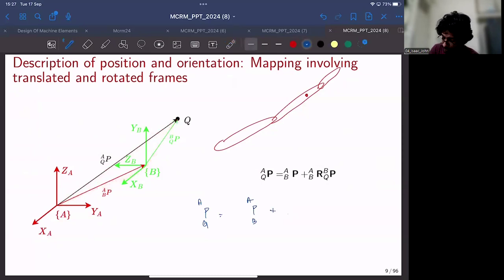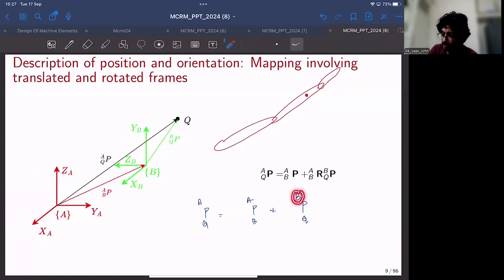So I'll write it as the position vector of Q with respect to B. That will be this vector. But if you take a look, we want everything to be represented with respect to frame A, and here this vector is represented with respect to frame B. To make this homogeneous, if you want to add vector quantities, everything has to be represented in a single frame of reference.